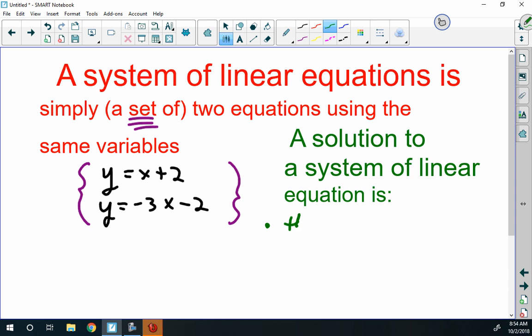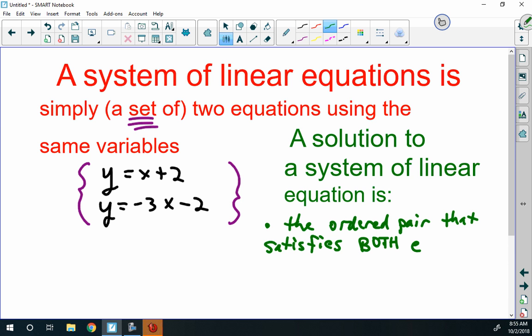It's the ordered pair that satisfies not one of the equations, not the other equation, but both equations.